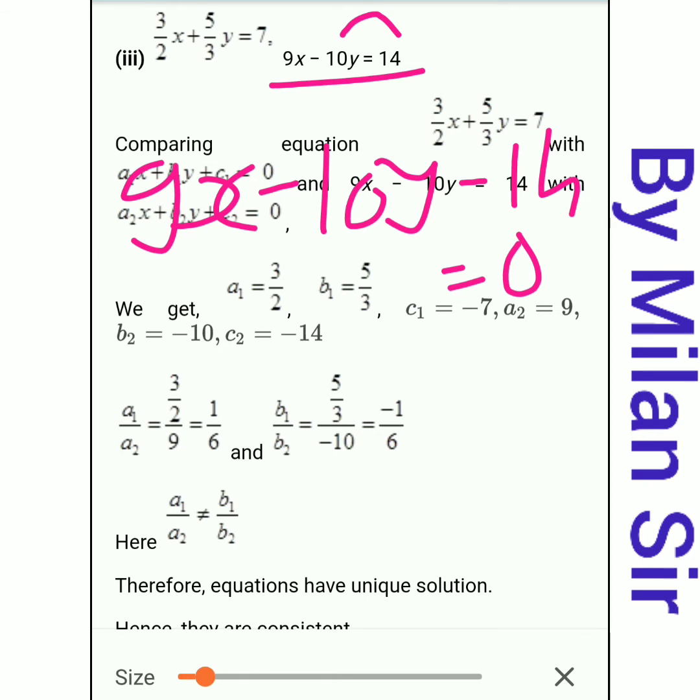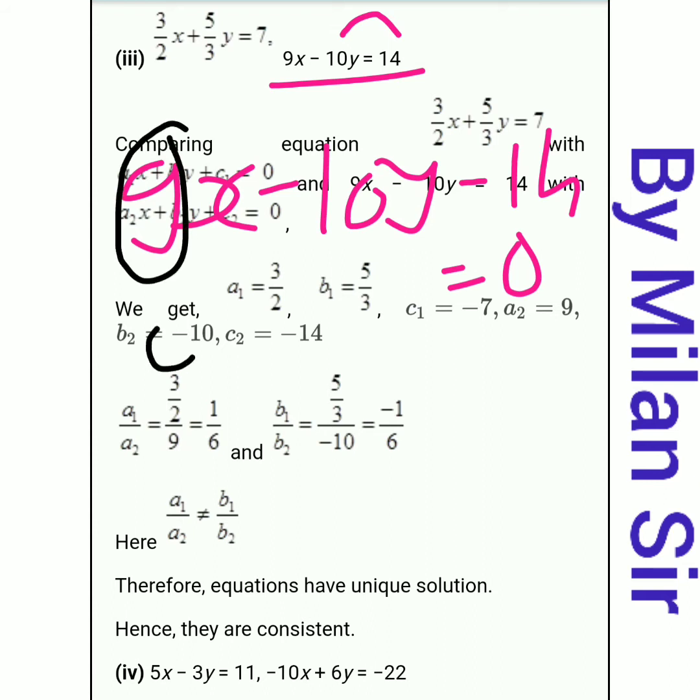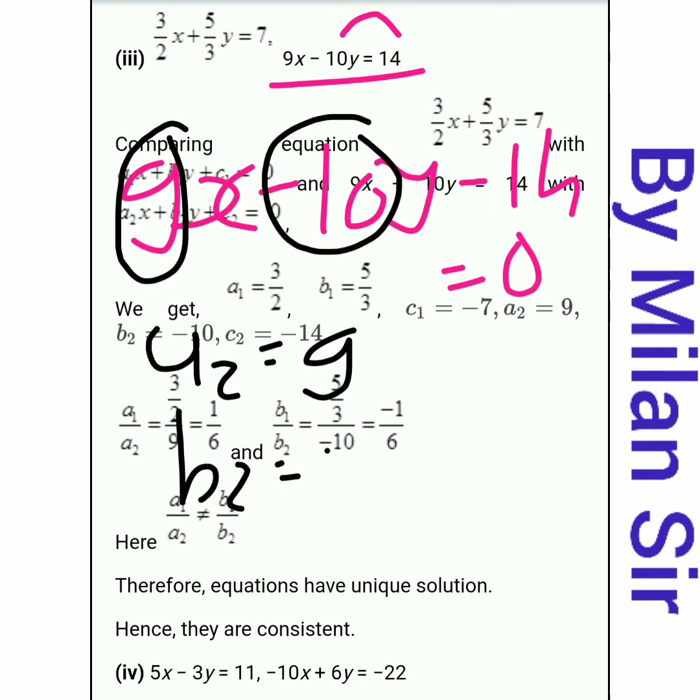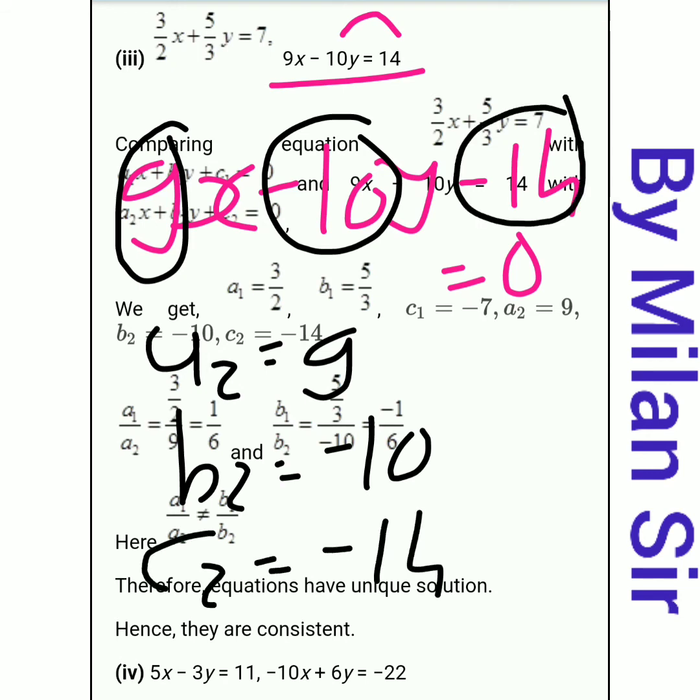Okay, then compare this equation with the standard form. So this is your A2. A2 is equal to 9. B2 is equal to minus 10 and C2 is equal to minus 14.